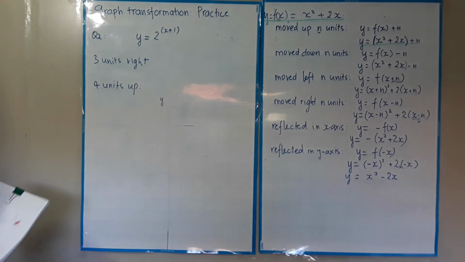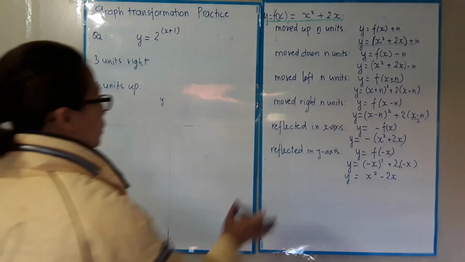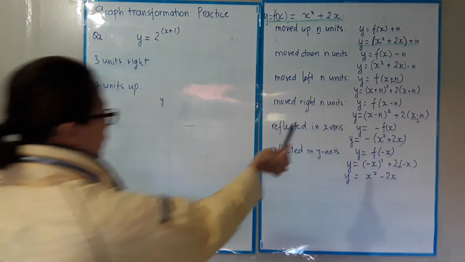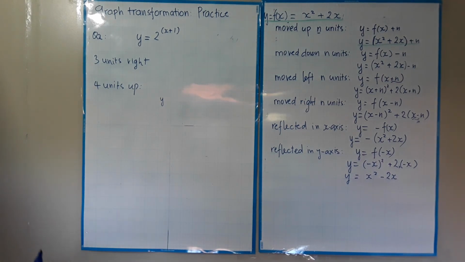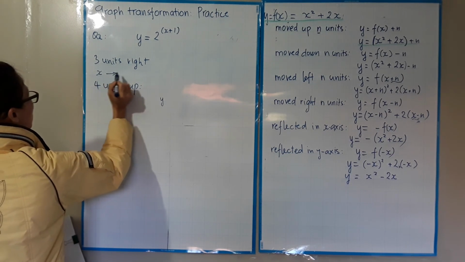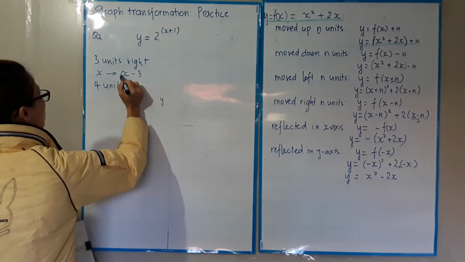Right. When you move 3 units to the right, what you've got to do? You take away 3, okay, from x. It means that you substitute x with x take away 3. So I write here, then remember x will be replaced by x take away 3.